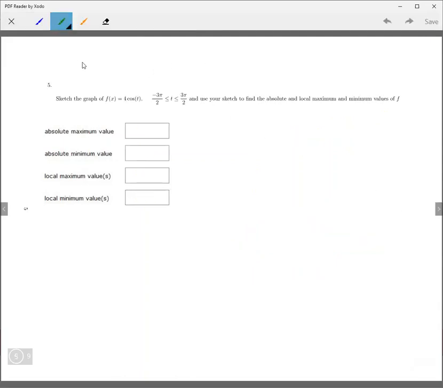Okay, number 5, sketch the graph of f of x equals 4 cosine t between negative 3 pi over 2 to 3 pi over 2. Okay, so cosine starts up here, and since it's 4 cosine, it's going to be at 4. And it goes down to 0 when it's at pi over 2, and negative pi over 2, like that.